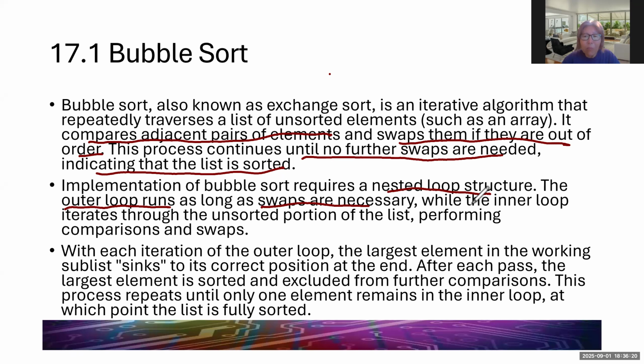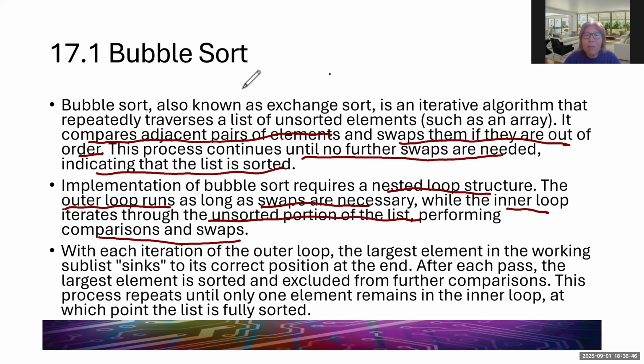What the inner loop does is iterate through the unsorted portion of the list and do the comparison and swap. So that's the implementation. It needs a nested loop structure.